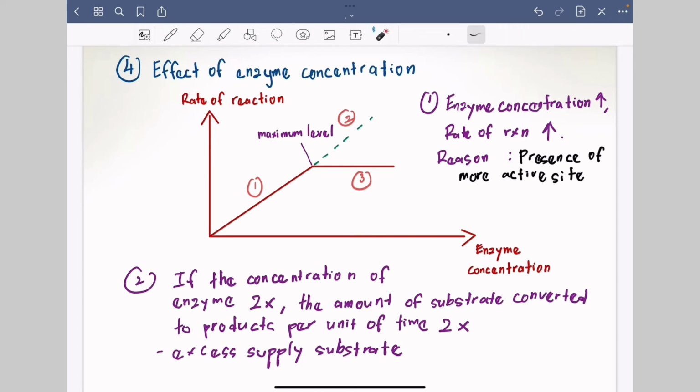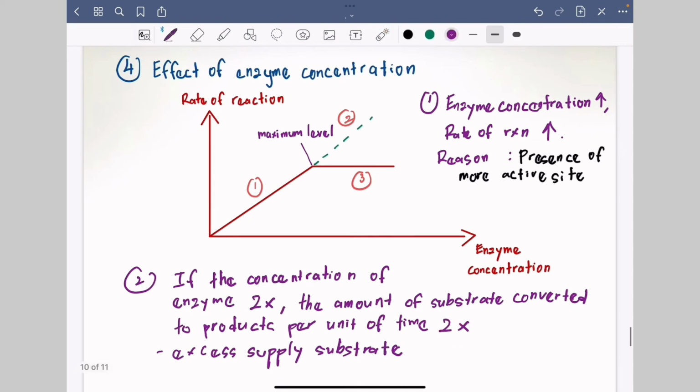So here we want the concentration of enzyme 2 times, so that the amount of substrate converted to products per unit of time is also 2 times. So we need to have an excess supply of substrate.